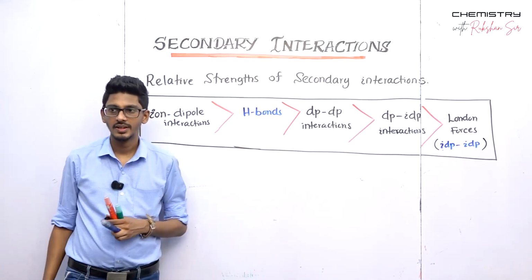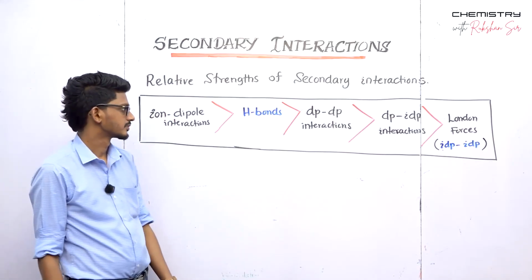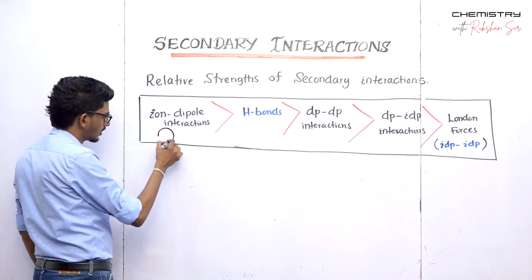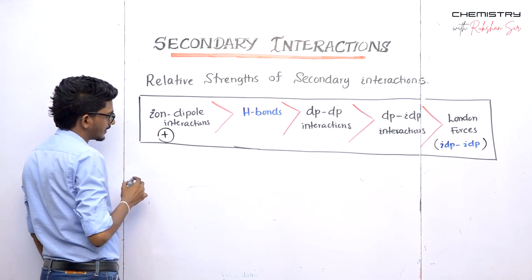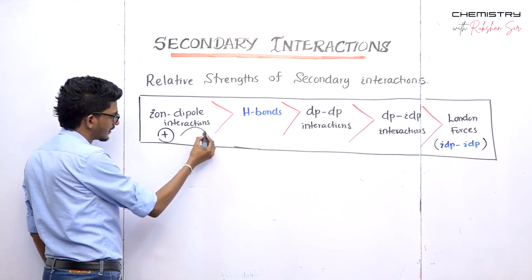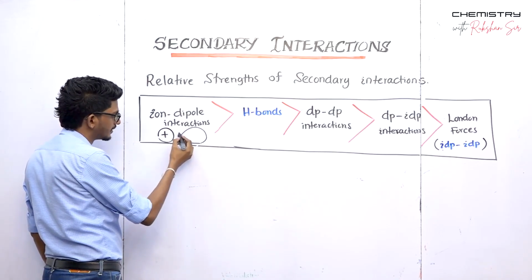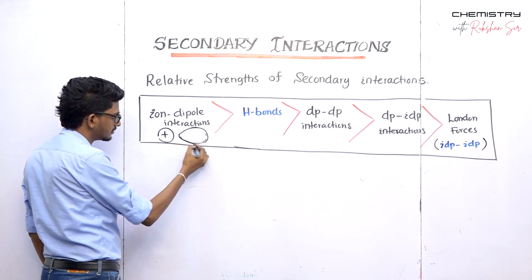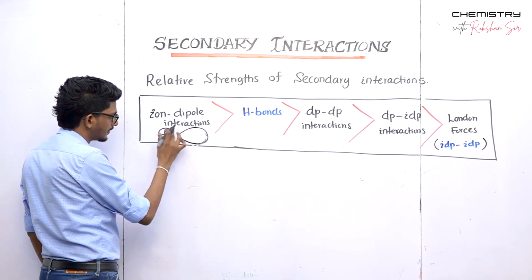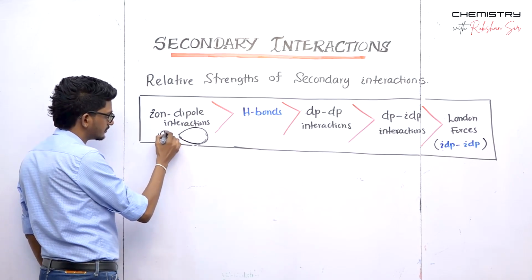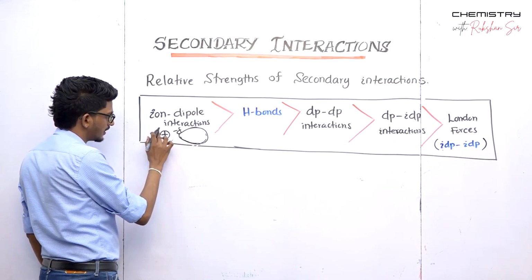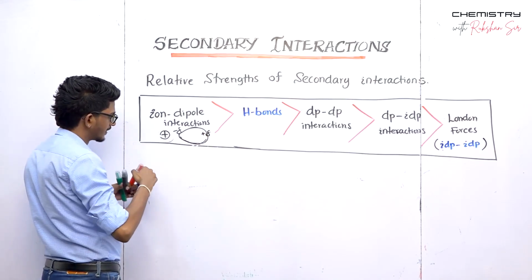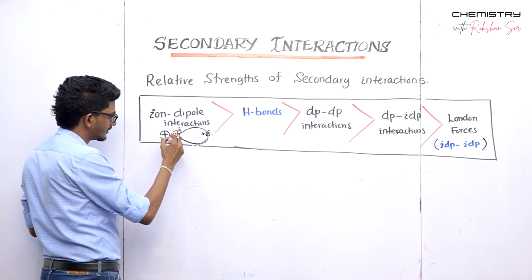Strength of secondary interactions varies like this. Is the idea clear? When you are with a total charge, that will attract the other charged particle heavily, no? The negative pole will attract heavily, so the strength is greatest here.